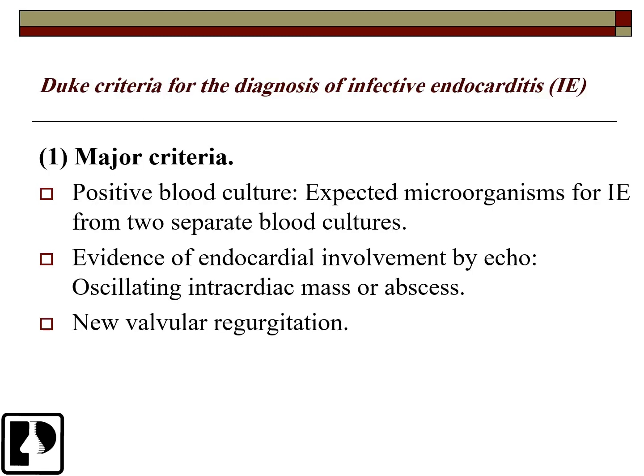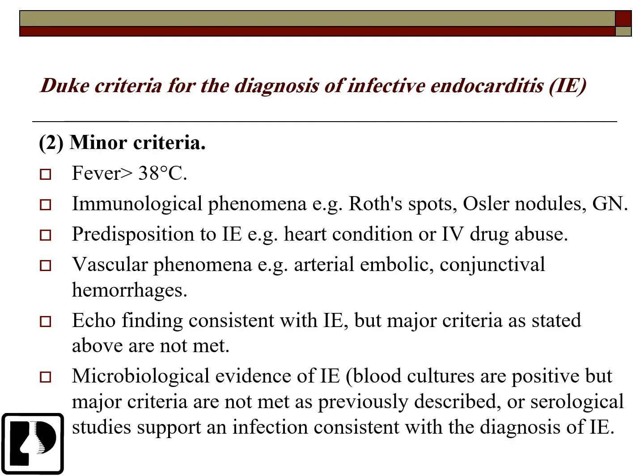We have what's called the Duke criteria for diagnosis of infective endocarditis. As we see, infective endocarditis is a horrible disease, and we must not stay without intervention until the investigation is done. Major criteria: positive blood culture with an expected microorganism for infective endocarditis from two separate blood cultures; evidence of endocardial involvement by echo, such as an intracardiac mass or abscess; and new valve regurgitation. These are the major criteria.